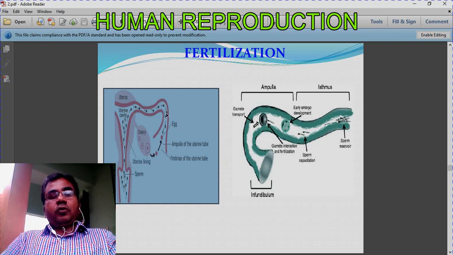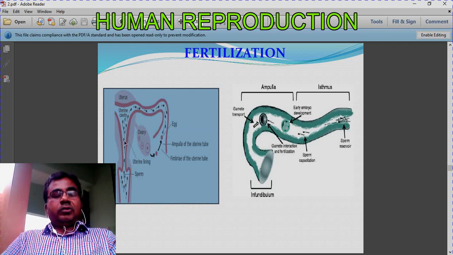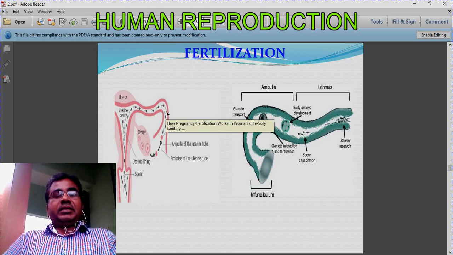This is the fallopian tube. Are you clear? The fallopian tube will be there on both sides. Here also one fallopian tube will be there. The sperm enters through the vagina and uterus, and then reaches the fallopian tube. Actually, this is the site where fertilization takes place.